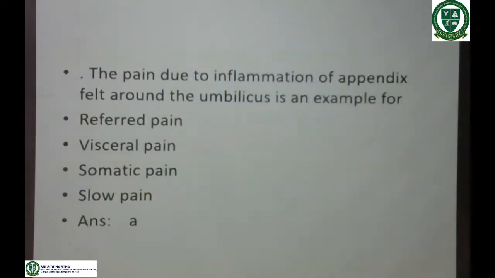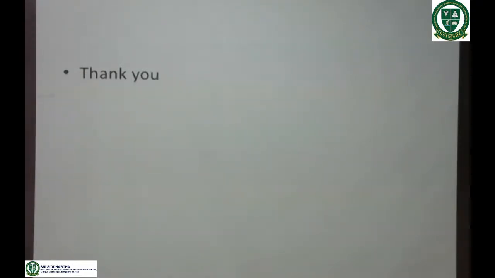The pain due to inflammation of the appendix felt around the umbilicus is an example of: referred pain, visceral pain, somatic pain, or slow pain. Answer is referred pain. This is regarding the topic.